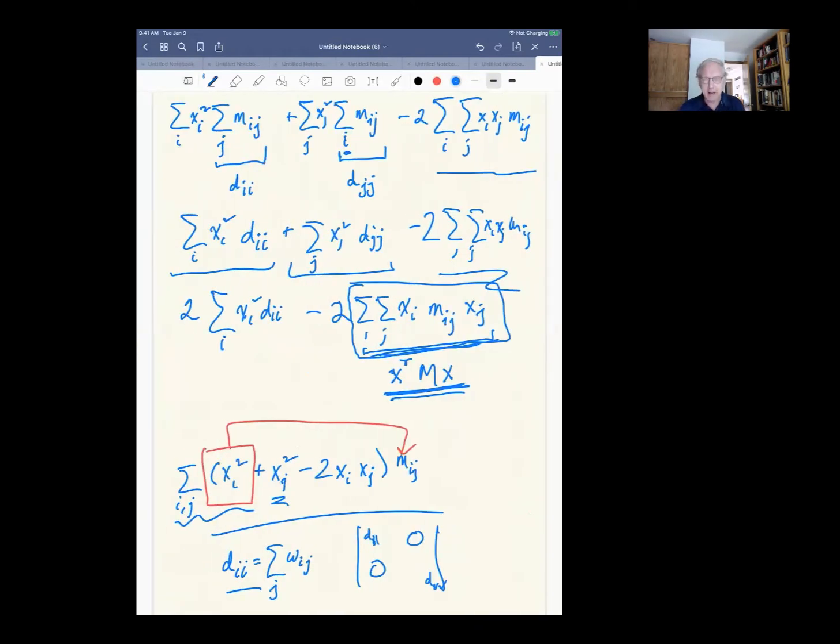Okay, so let's go back to where we were, which is here. We now have this matrix version of the second product. And then here on the left, what we've got is something much like it, but really quite simple.